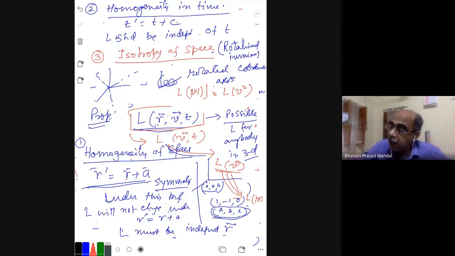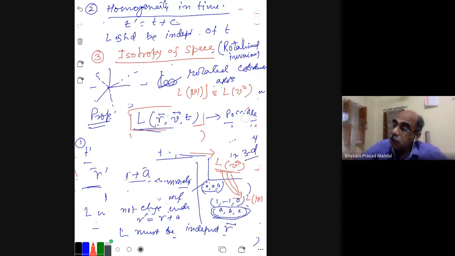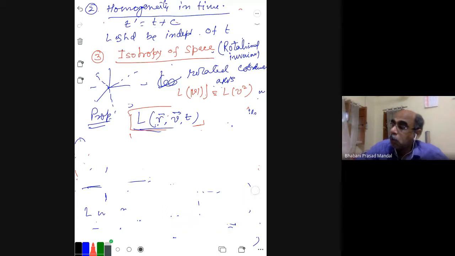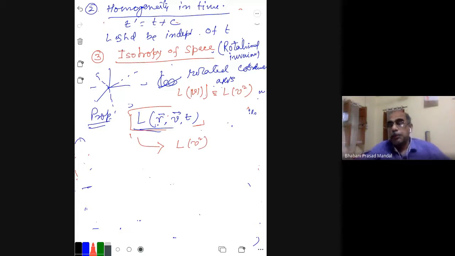I restrict my Lagrangian, I argue that my Lagrangian, from the possible most general dependence, is now a function of V square. So do you have any question? Now I'll change my gear to something else.